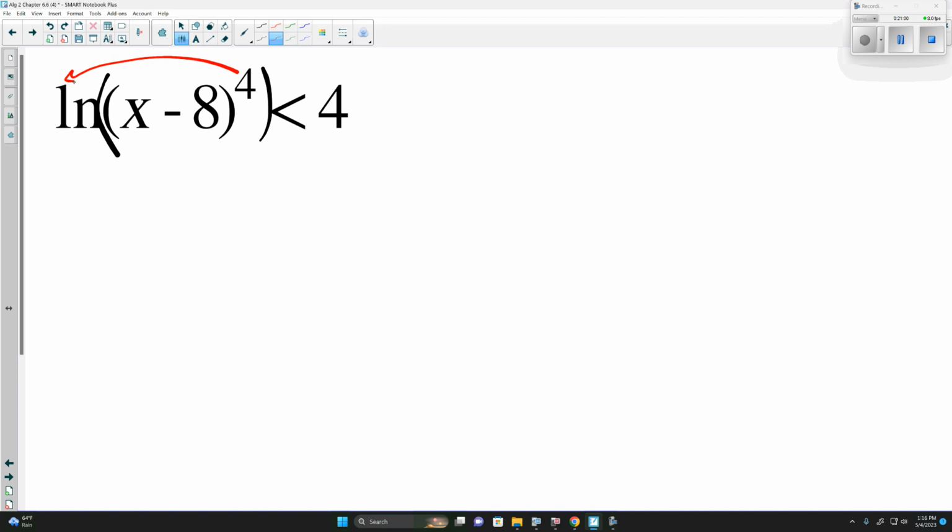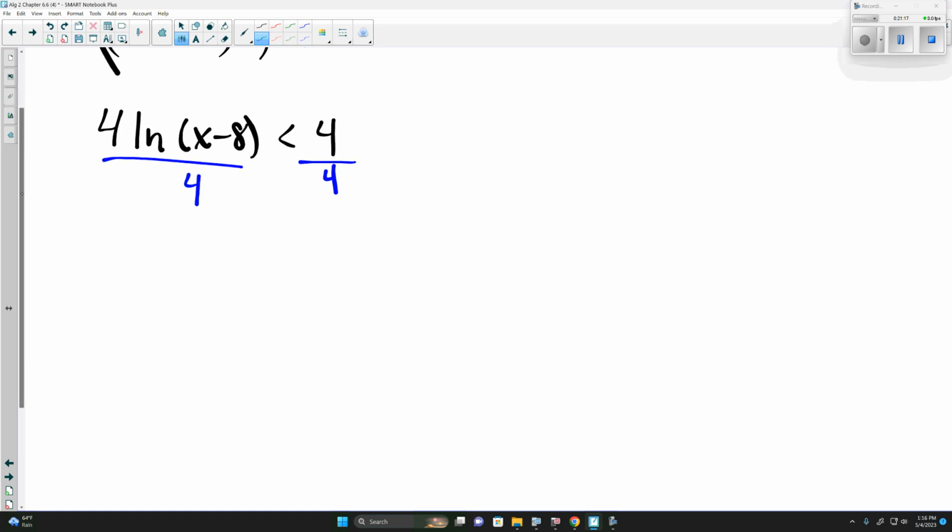Before we start solving, the first thing I'm going to do is move the 4 to the front. It's going to make it a little bit easier to work with. These will cancel, telling us the natural log of x minus 8 is less than.